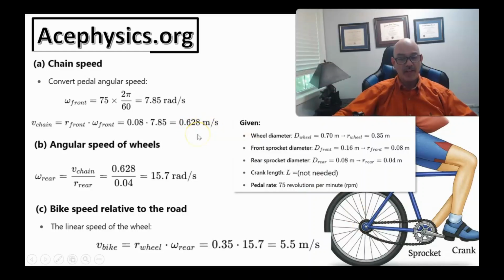It's the same as the velocity of the chain. So 6.28 divided by 0.04 equals 15.7 radians per second, and that's the angular velocity of the rear sprocket and the wheels. Finally, part C asks us to find the bike speed relative to the road. We know v equals r times omega, the radius of the wheel is 0.35 meters, and the angular velocity is 15.7 radians per second, so the bike moves at 5.5 meters per second.